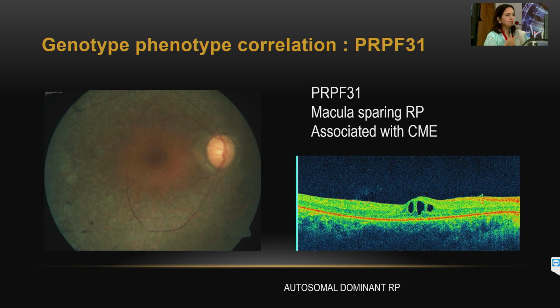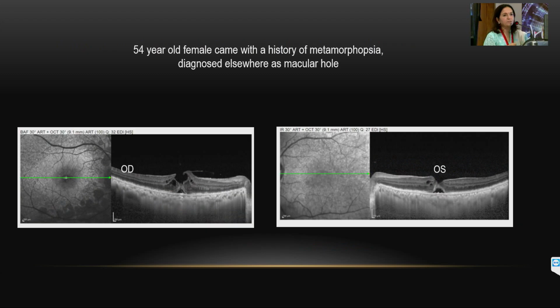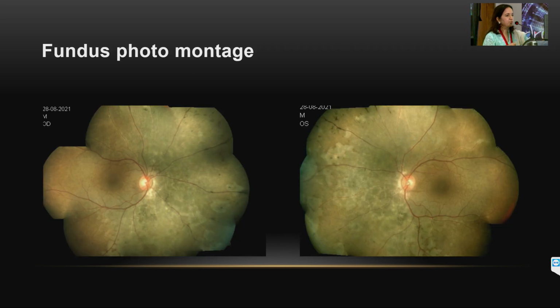So this is PRPF31, which gives you CME, and knowledge of this helped me diagnose this patient. The patient came to me with a history of recent drop in vision, 54 years old, diagnosed to have macular hole, and came for macular hole surgery. But on OCT itself, I saw these well-defined round lesions, and this made me think whether it was a milder form of RP.